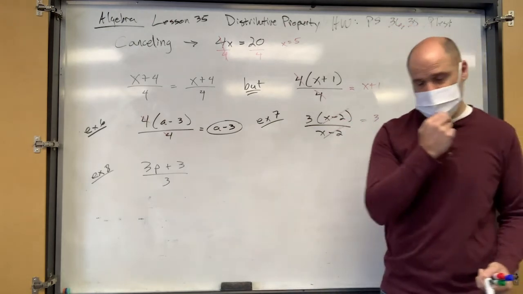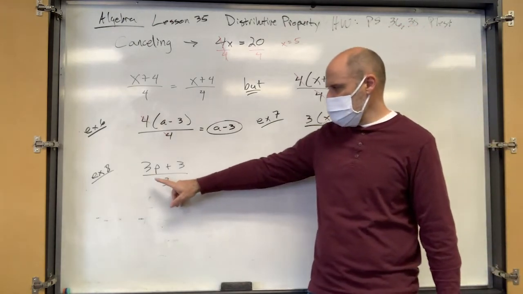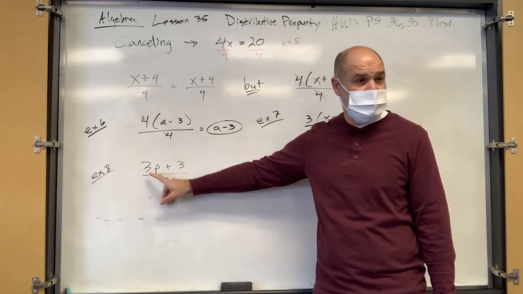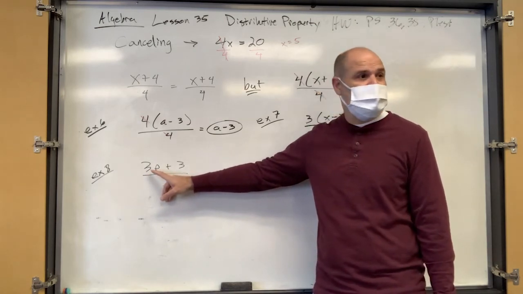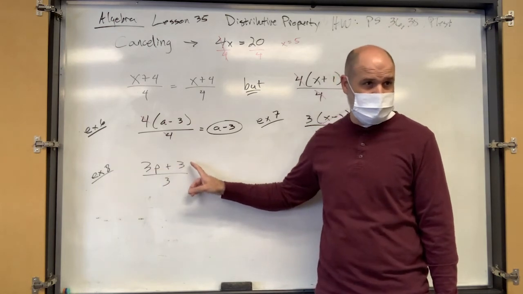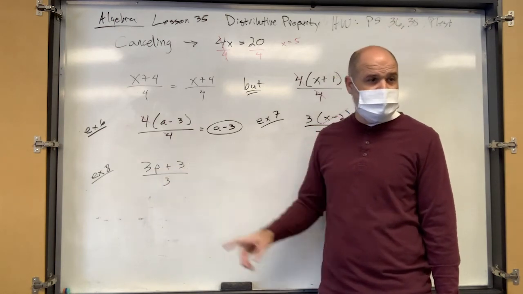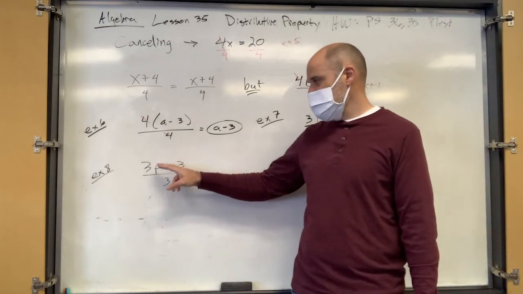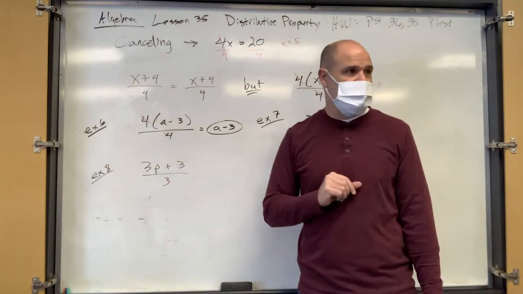Now here's why. It looks like this is being multiplied by 3 and then divided by 3. No. It's being multiplied by 3 and then you add something and then divided by 3. So the cancellation is not 3 times something divided by 3.